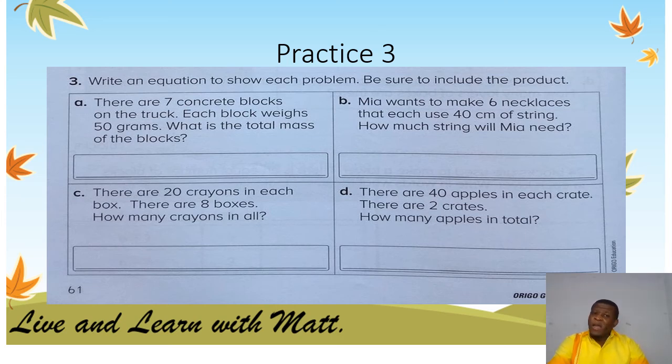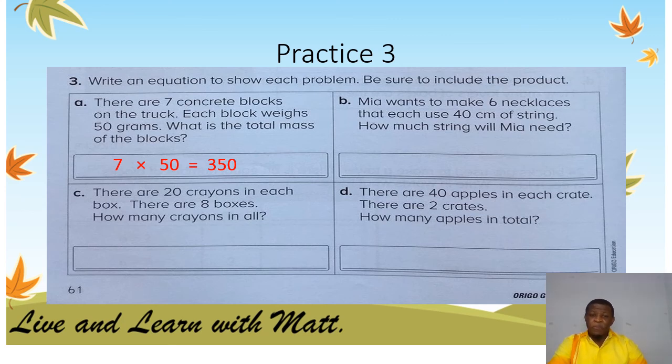Part A, there are 7 concrete blocks on the truck. Each block weighs 50 grams. What is the total mass of the blocks? So that would be 7 times 50. And we know 7 times 5 is 35. So 7 times 50 will be 350.